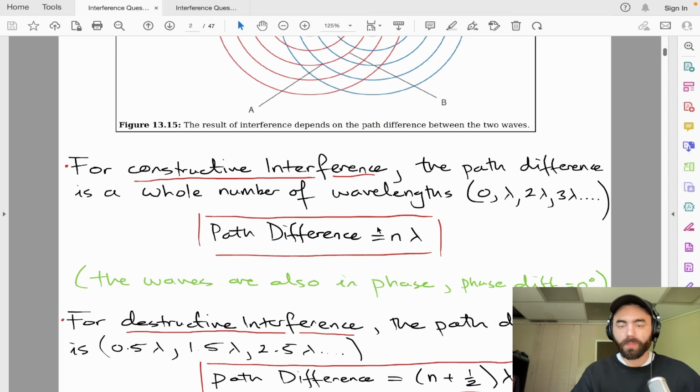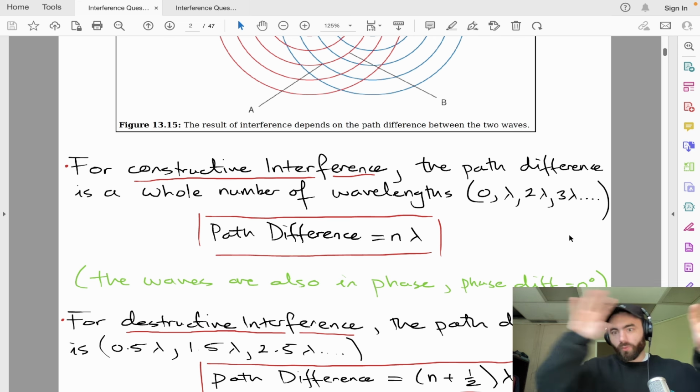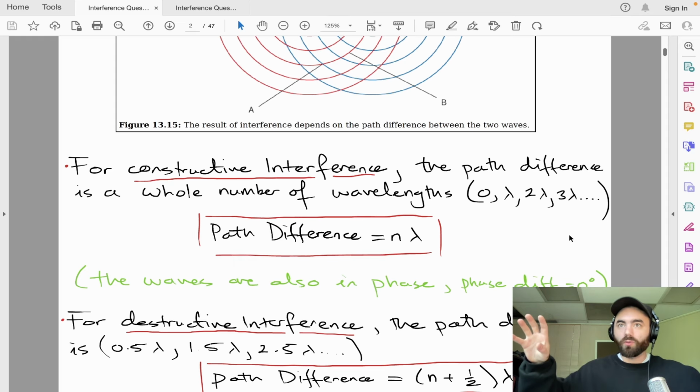When they're in phase, at 0 degrees, 360 degrees, they're completely in phase. This happens when the path difference between the two waves is n lambda: 0, lambda, 2 lambda, 3 lambda. That makes sense, because even if they're out of phase by one whole wavelength, they're still going to be constructively interfering perfectly.